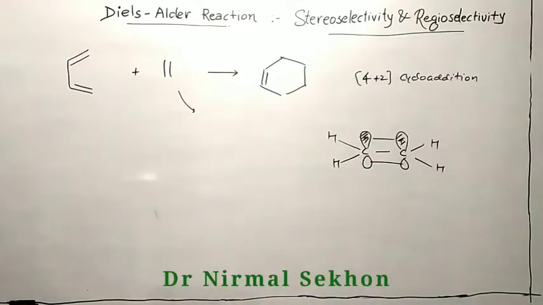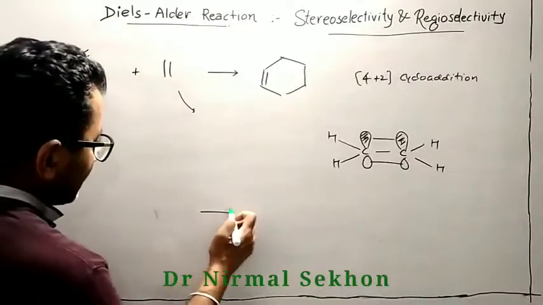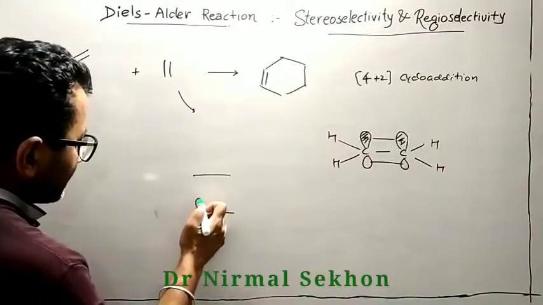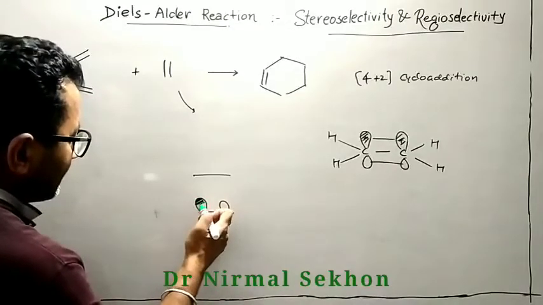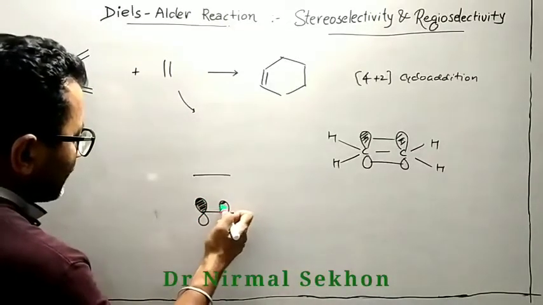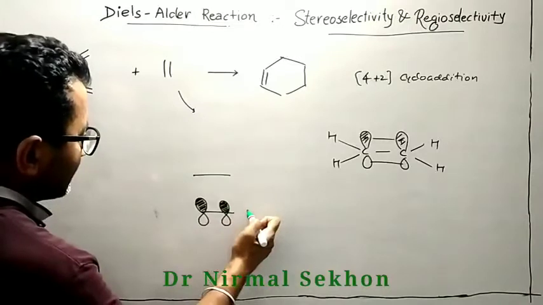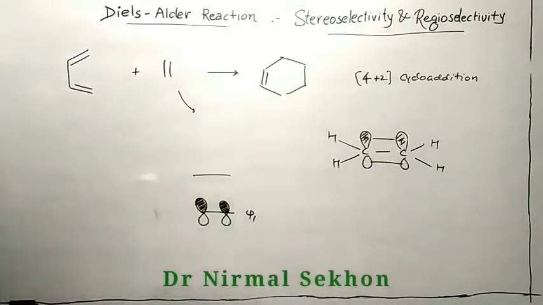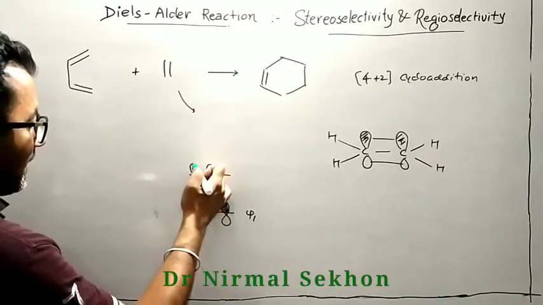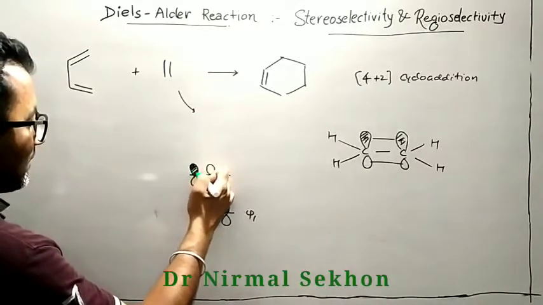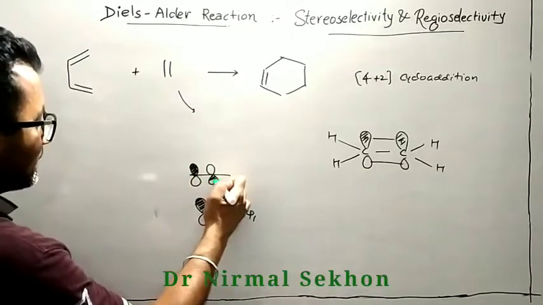In case of ethene we get this bonding molecular orbital, called psi1, and this anti-bonding molecular orbital.